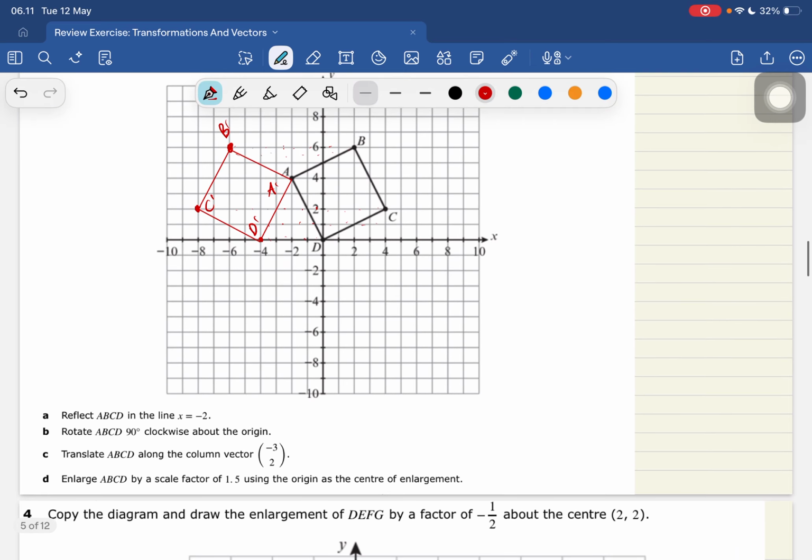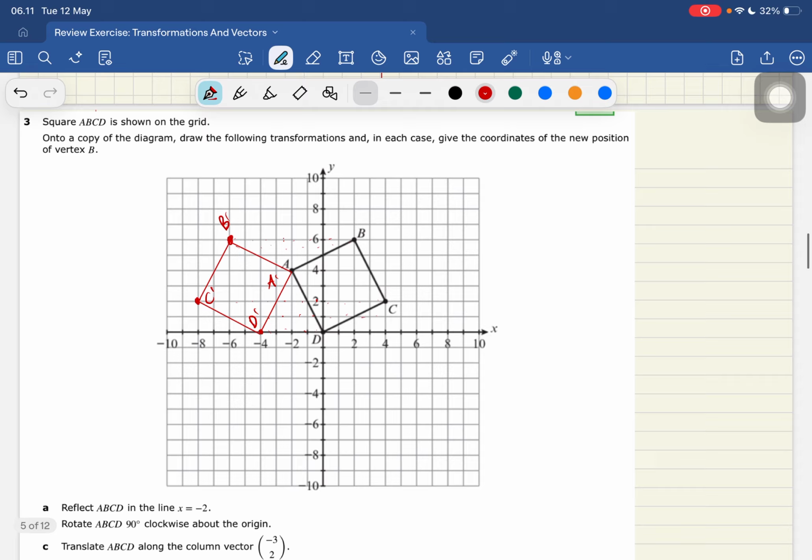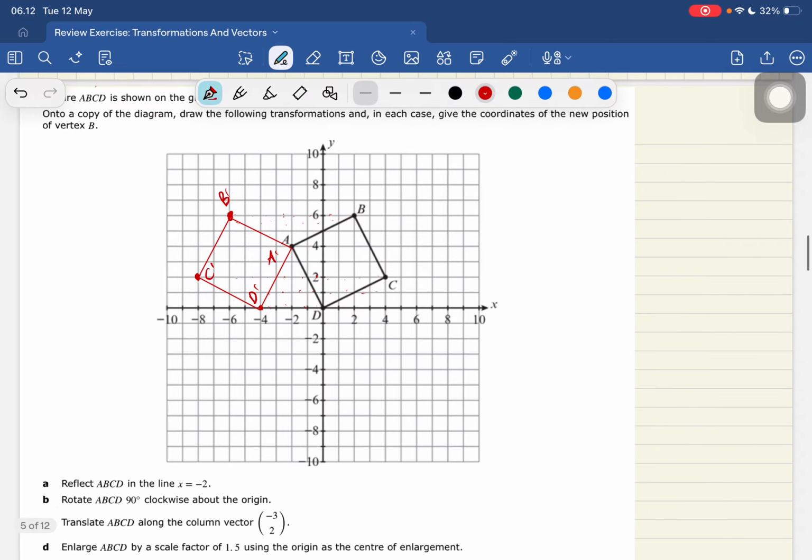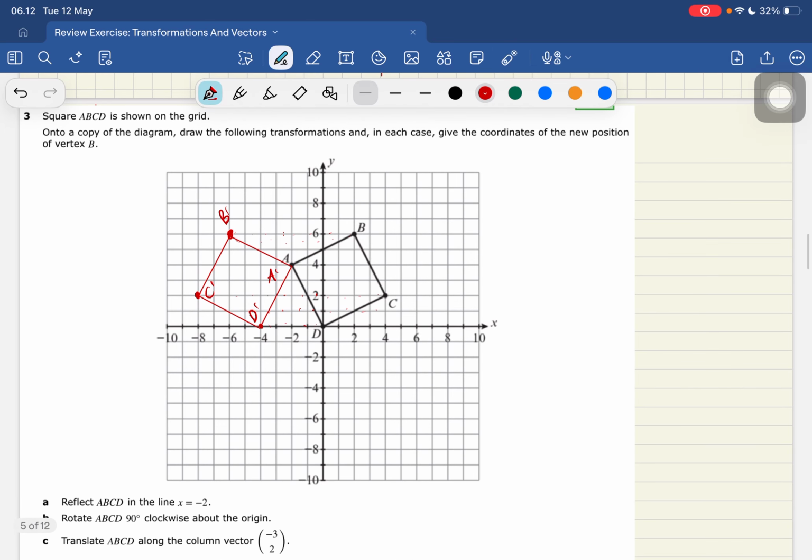Next, okay, we need to rotate. Draw the following transformations, and in each case, give the coordinates of the new position of the vertex B. Okay, let us write the B. So for the first B, the coordinate is (-6, 6).